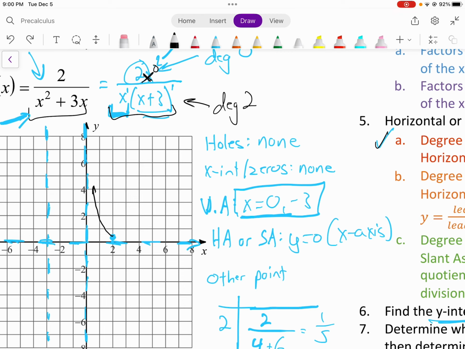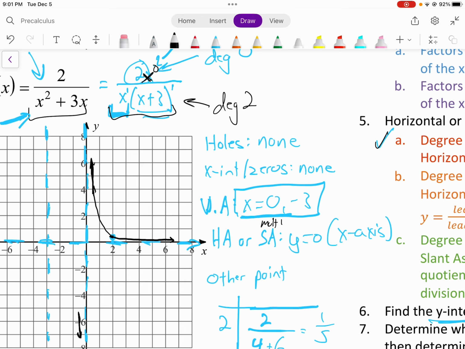And so we have that black part there, and then it goes through (2, 1/5) and then gets closer and closer to the x-axis. Here at this vertical asymptote, it's going up closer and closer to the y-axis. The multiplicity was 1, which means since it went up on the right side of the vertical asymptote, it needs to go down on the left side of the vertical asymptote.